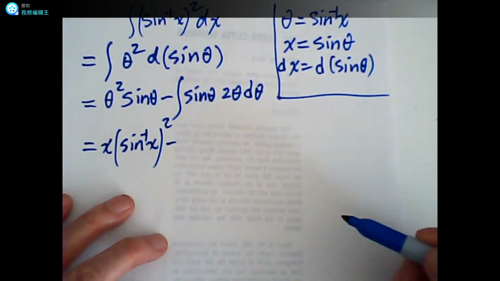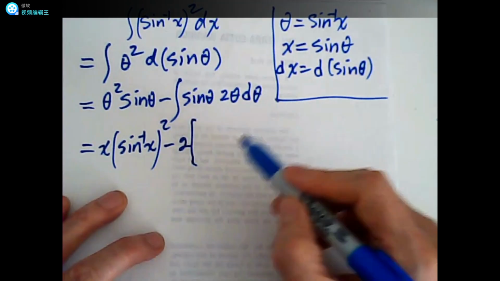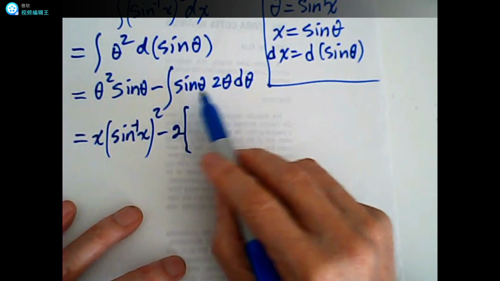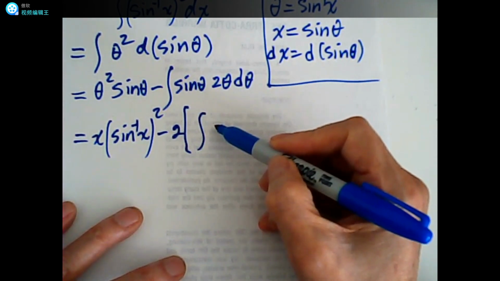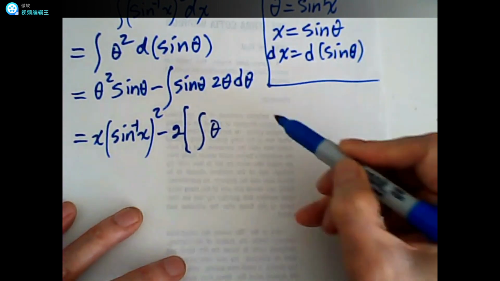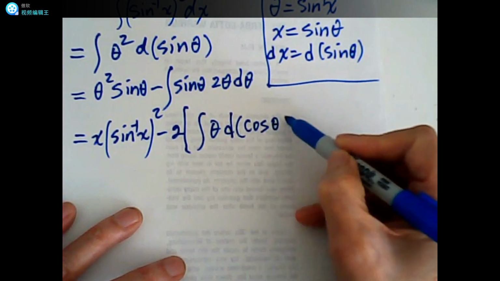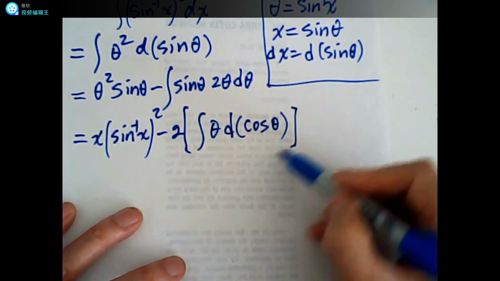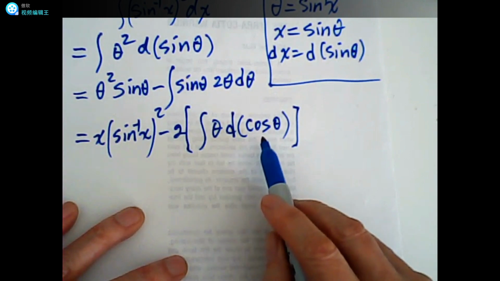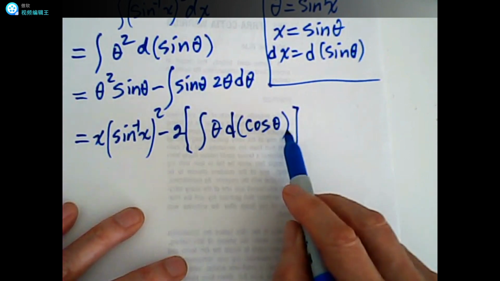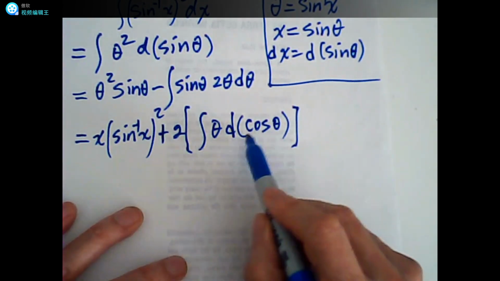Minus 2 times the integral of theta sine theta d theta. Here I'm writing theta and d cosine theta, because sine theta d theta is a negative d cosine theta, so I change negative to positive.